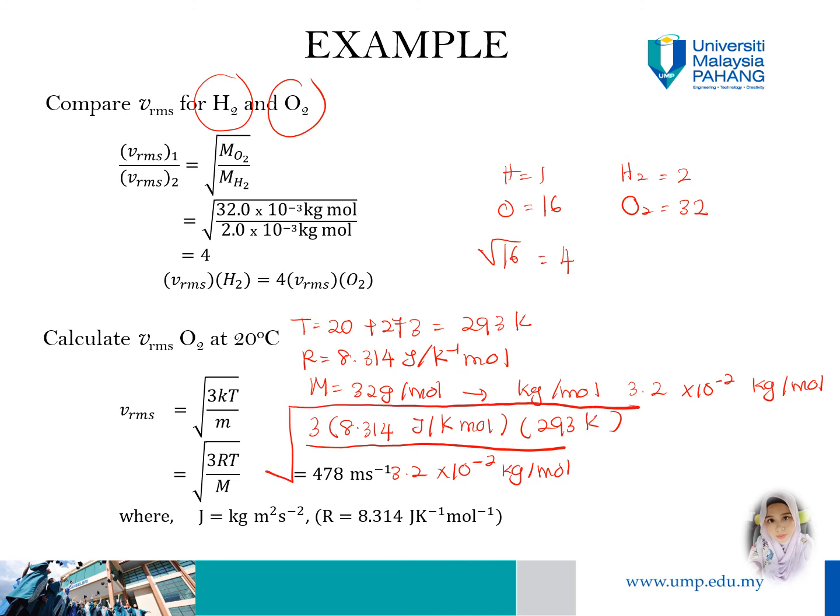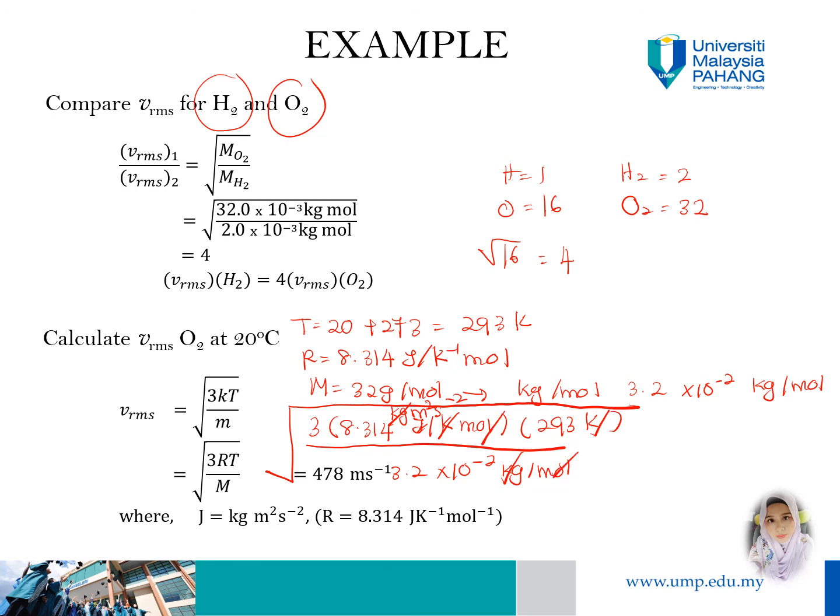Since J is equal to kg m squared per second squared, we can cancel the kilograms.